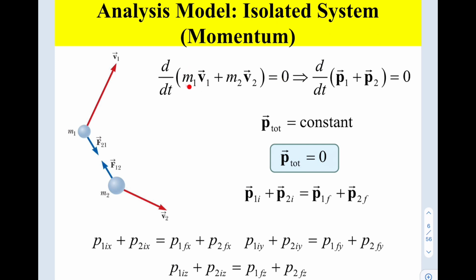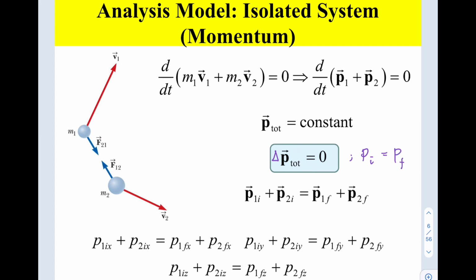This item is p1 and this item is p2. So we know that P total must be a constant. Change in P total must be 0. In other words, P initial must equal P final.